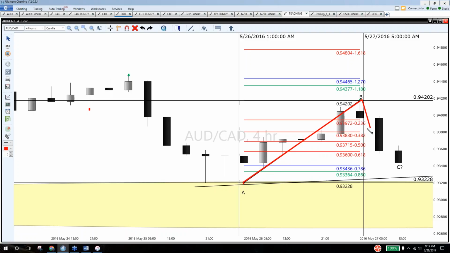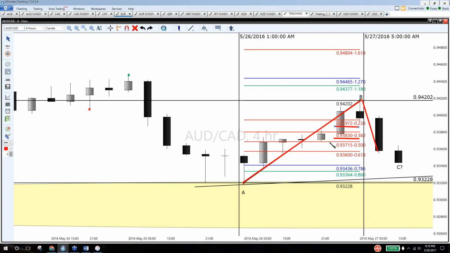In addition to giving you these percentage numbers, 236, 382, 50, 618, it also gives you price points. And the price point is actually what the Fibonacci is calculating. If the market touches this price point, then it qualifies as this type of retracement. It must touch this in order to become that.